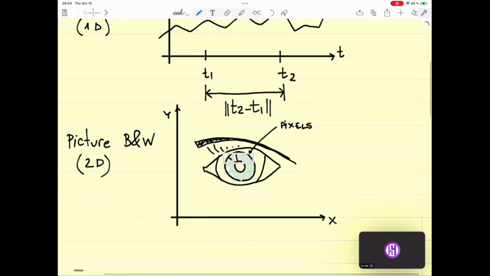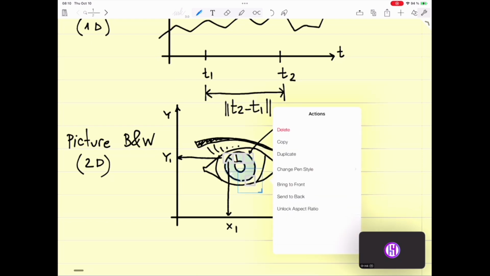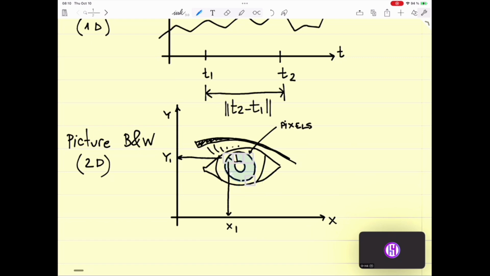These pixels have a position. I can identify the position of the pixel, X1, Y1. I can identify the position of another pixel. It's like a matrix. I mean, I am doing it very roughly. I hope you understand. And I can measure the distance between the two pixels.